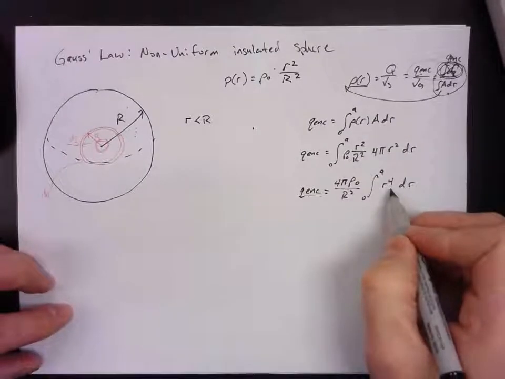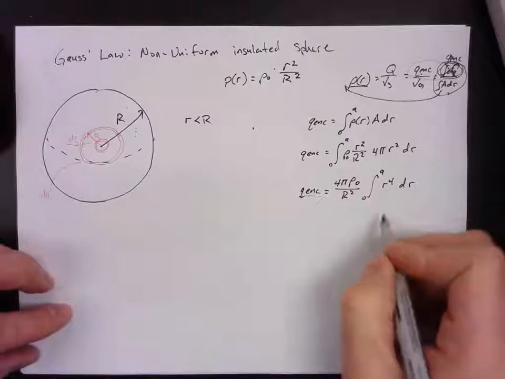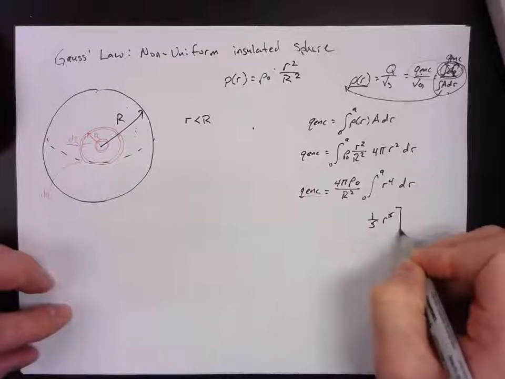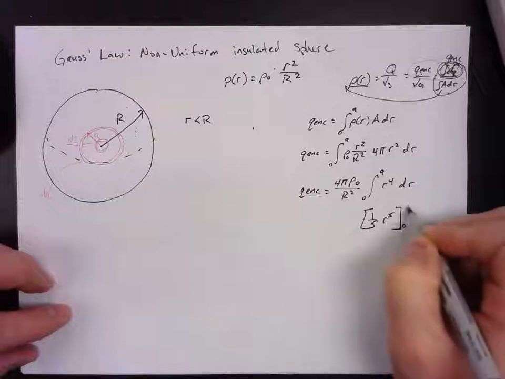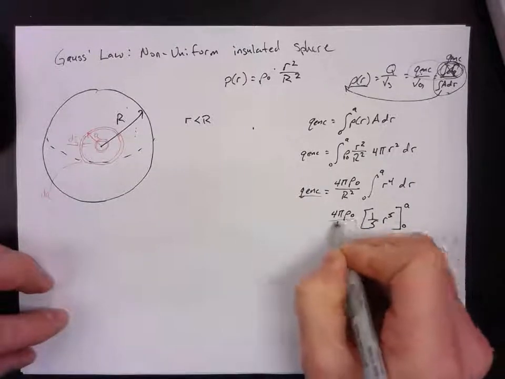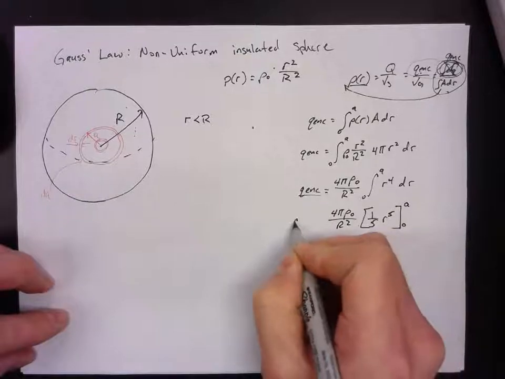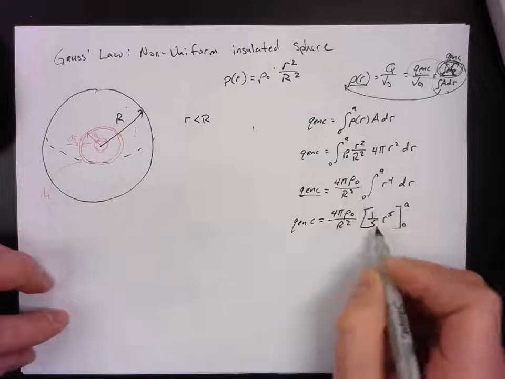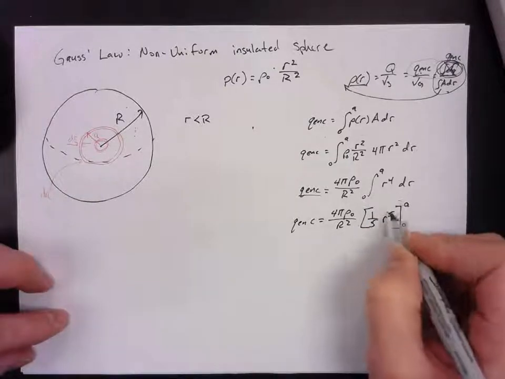All right, so we can integrate r to the 4th. That's going to be 1/5 r to the 5th, integrated between 0 and a. All the constants still come down, so that the charge enclosed is equal to this, substituting in a.